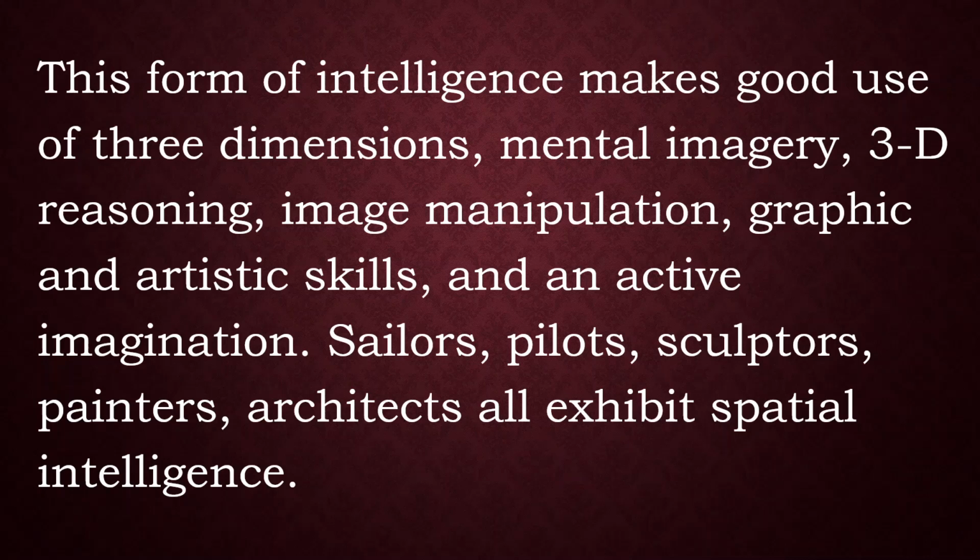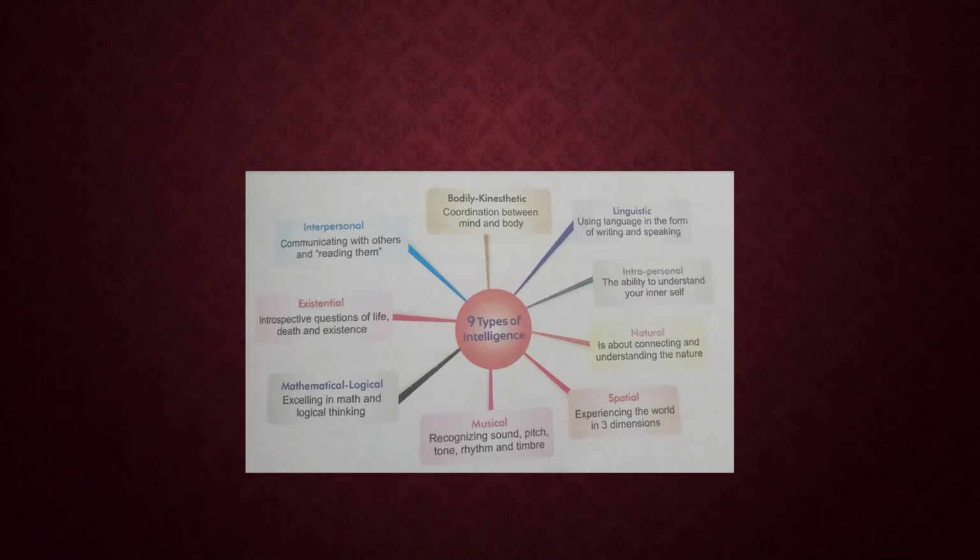So this was all about our 9 types of intelligence. So what are they? First, linguistic intelligence, intrapersonal intelligence, naturalistic intelligence, spatial intelligence, musical intelligence, mathematical and logical intelligence, existential intelligence, interpersonal intelligence, and bodily kinesthetic intelligence.